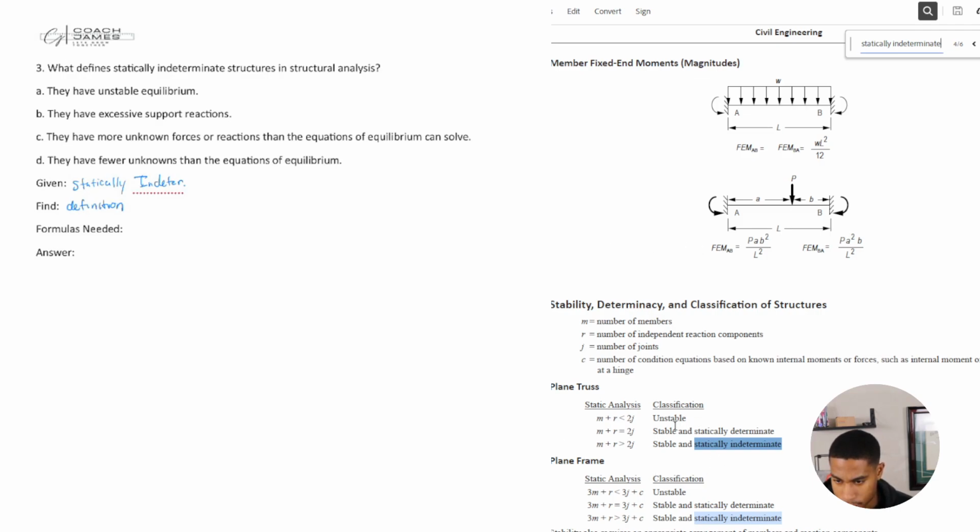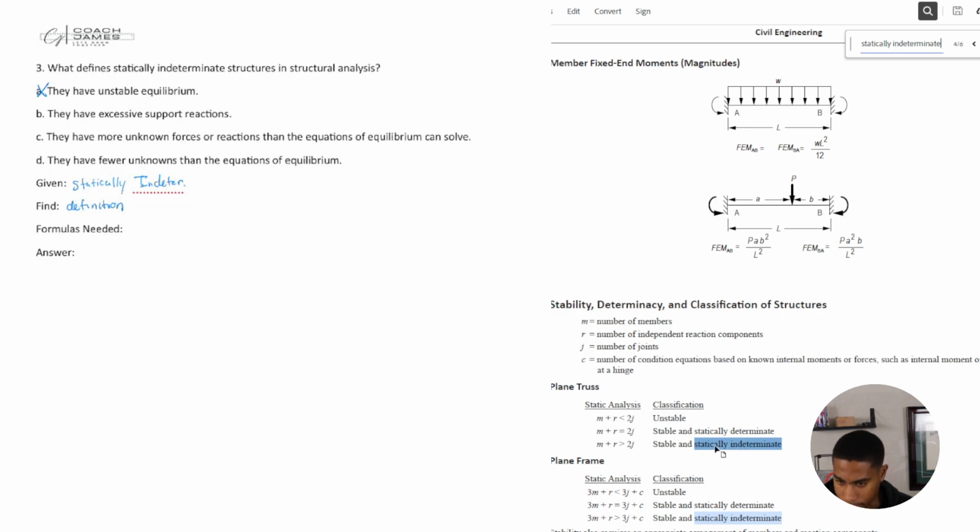Statically indeterminate here. They have unstable equilibrium. No. If you're statically determinate or indeterminate, you are stable. Here are the three different classifications it can be: unstable, stable and statically determinate, or stable and statically indeterminate.